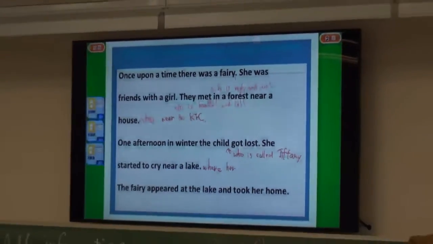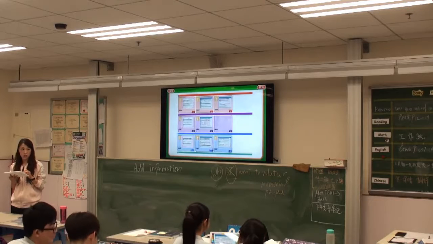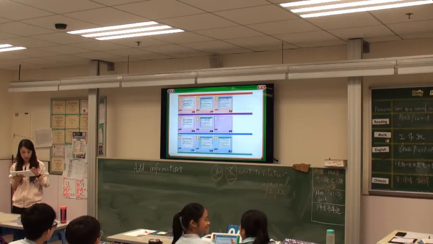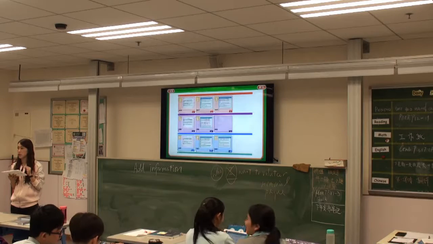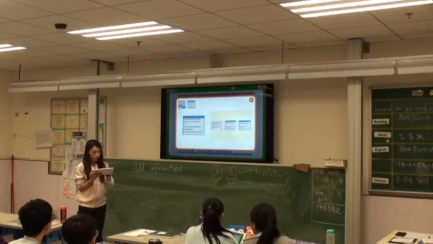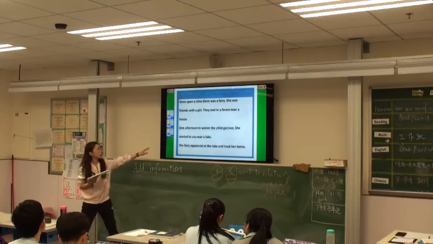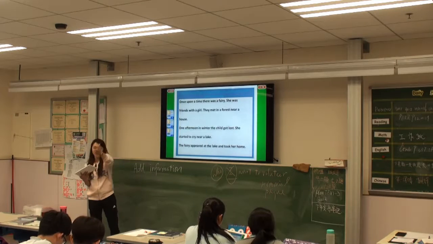Okay, thank you. And then at last, let's try Carmen. Have you finished? Not yet. Who finished the last part? No? Okay, so let's do the last part together. Let's see. Okay, so one afternoon, the fairy found a child called Tiffany.